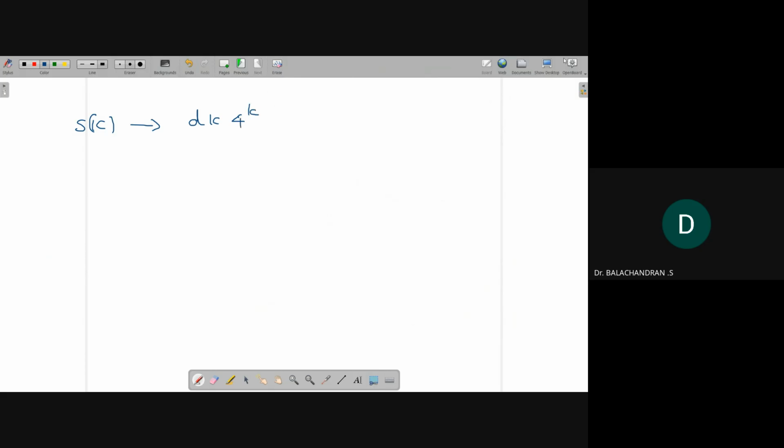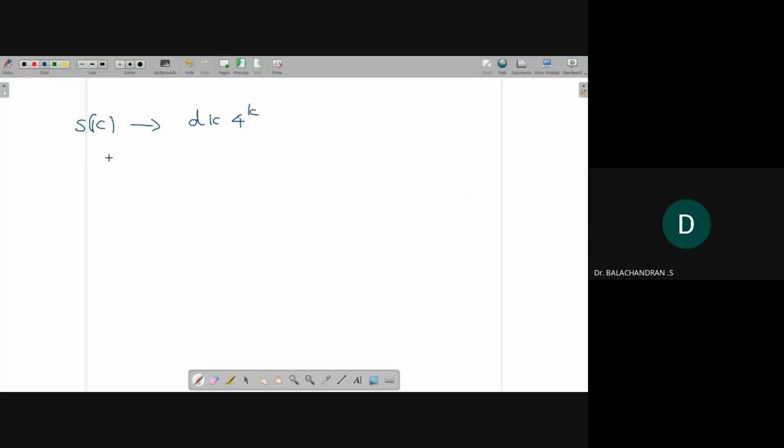Suppose here I don't have 4, suppose the roots were minus 1 and 3 and here you have 4 power k, then you can write D into 4 power k. There is no need to write this k. Next, s of k minus 1 is d into k minus 1 into 4 power k.